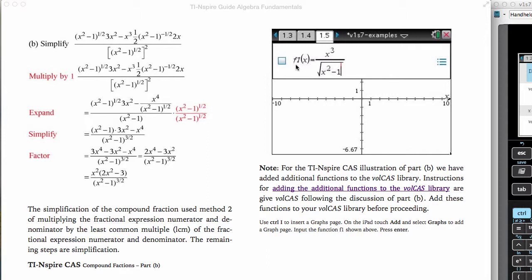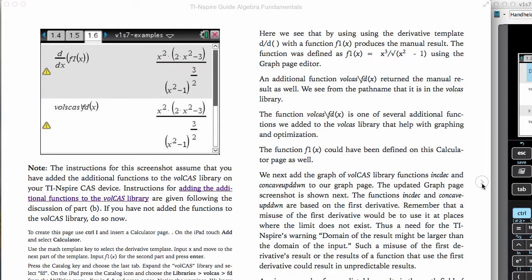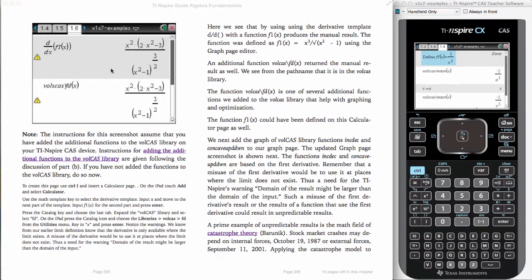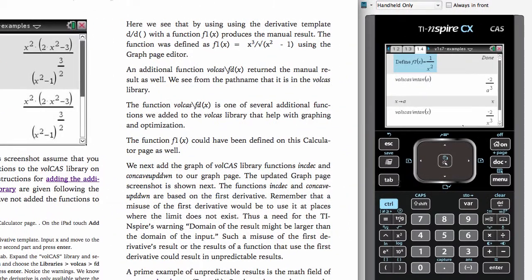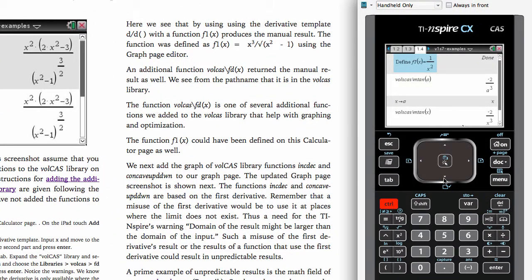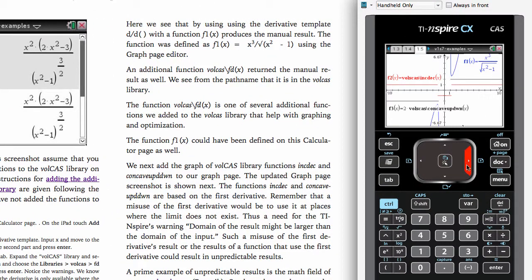Well, here's the original function from a calculus class. So let's go over and turn the page. And we defined it in our graph function. So we'll go over to our calculator again. And we see that we typed it into our calculator and did some work with this function.